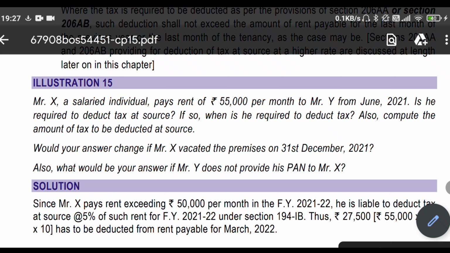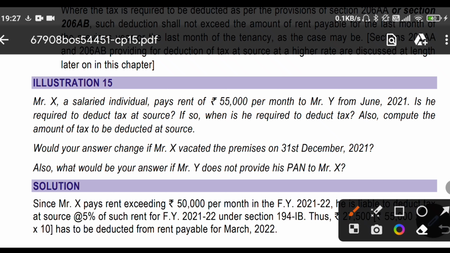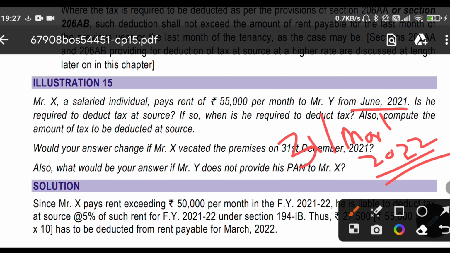so what is the last month here? From June 2021 to what is the last month? 31st March 2022 in the first case, okay, it is the last month, and this is the other case, right? First we will talk about this.